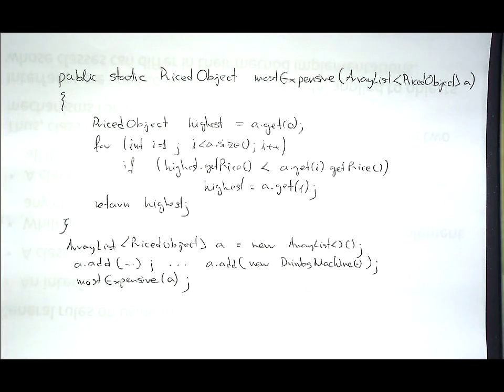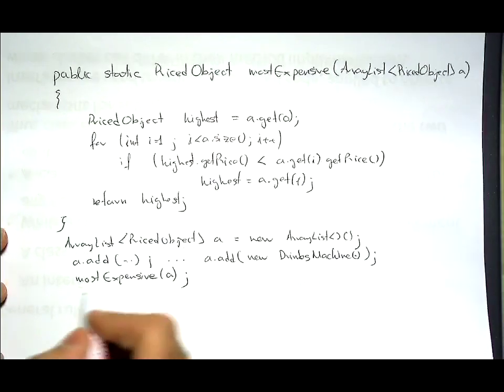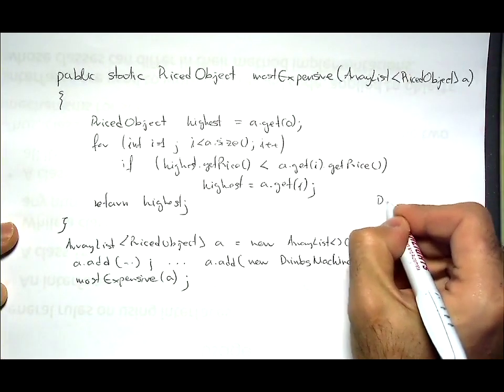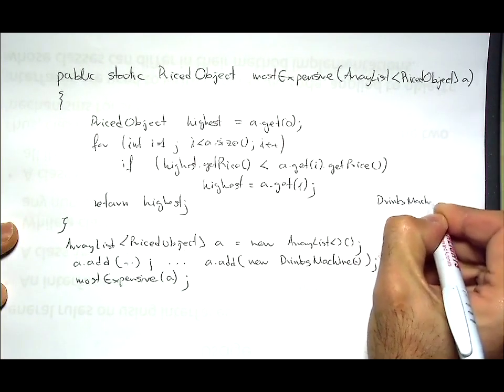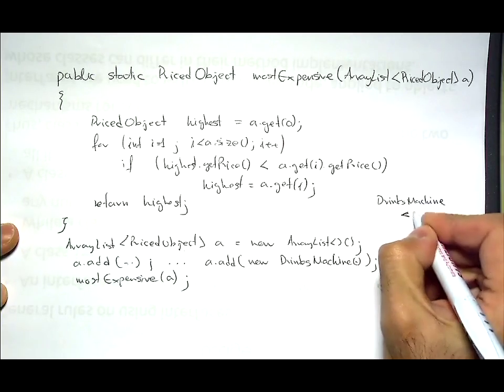It works because you have this priced object array list. Now the question is the following. We have seen that drinks machine is a subtype of priced object.